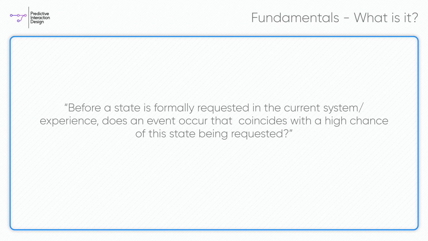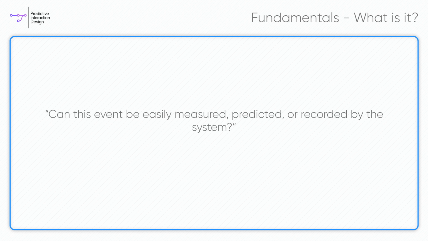So is there something that the user does, or is there a parameter that we can measure in the system that coincides with a high chance of them requesting that next state or interacting with the system, so that we can then run those components of the system beforehand as a form of essentially preloading the state that the user wants to request? Then we ask, can this event easily be measured, predicted, or recorded by the system?